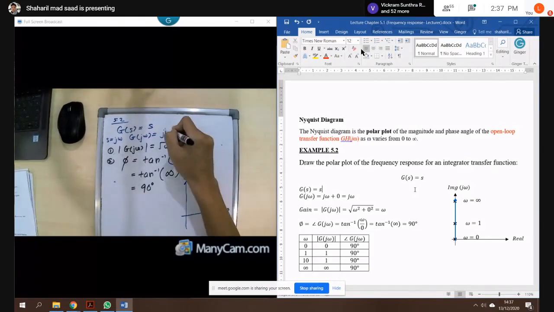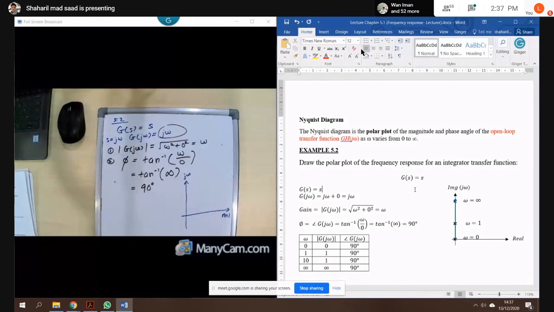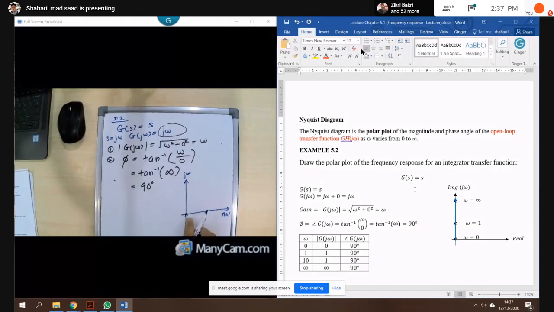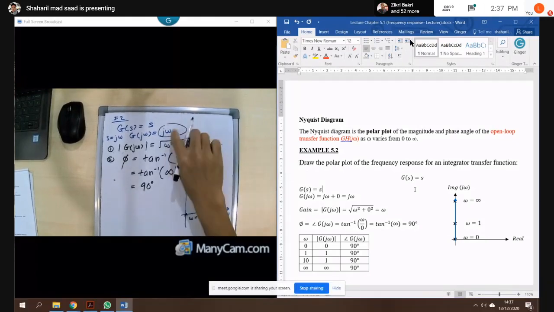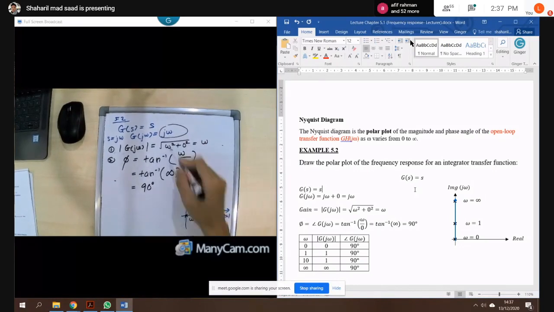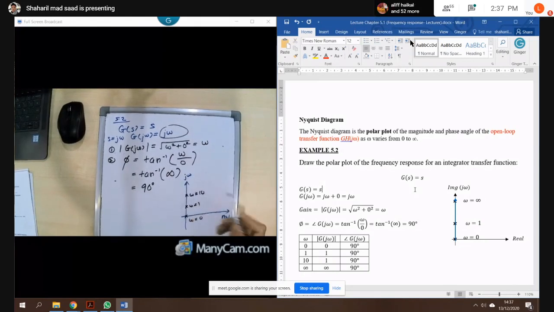Whatever the value of omega, for example omega equal to 0, the point will be here. For omega equal to 1, that is 1j, so here. Omega equal to 10, here.